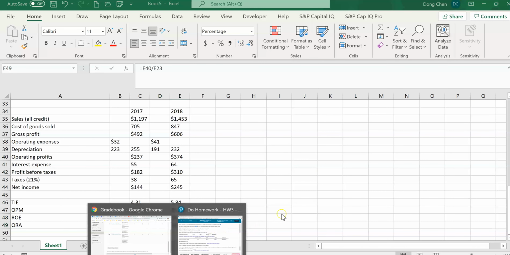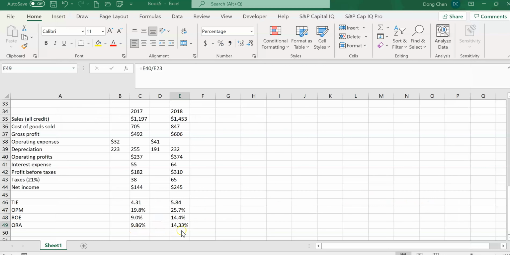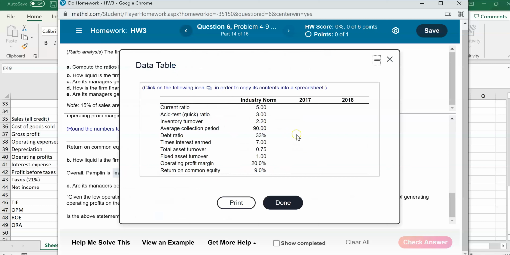To see whether the firm is doing an adequate job compared with the industry, we just need to compare these ratios relative to the industry.